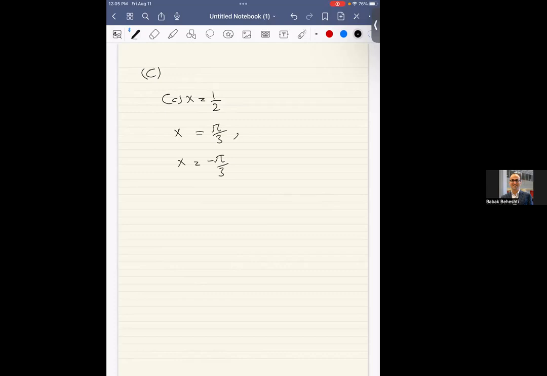Or it can be 2 pi plus pi over 3, or 2 pi minus pi over 3, 4 pi plus pi over 3, 4 pi minus pi over 3, and so on and so forth. So in general, the general solution is x equal to 2k pi plus or minus pi over 3.